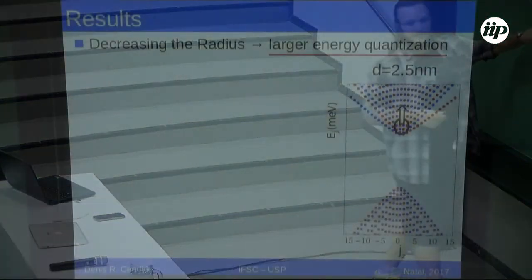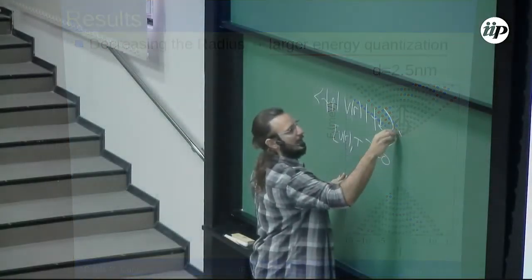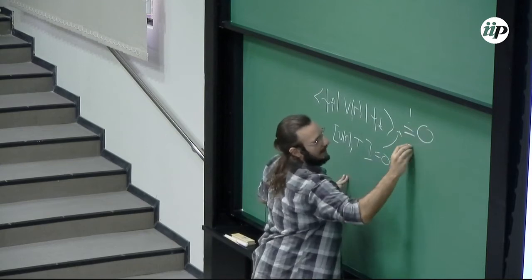So basically, this is the scattering element. If this scattering potential commutes with time reversal symmetry, you can directly show that this element is zero.